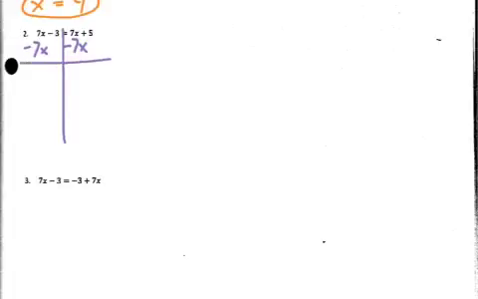When I subtract 7x from 7x, they disappear. That becomes 0. That's just going to leave me negative 3 equals 5. Well, that's weird because I know negative 3 is not the same thing as 5, so what's going on here? Well, this is an example of no solution. So there is no solution. We'll talk about that in a minute.